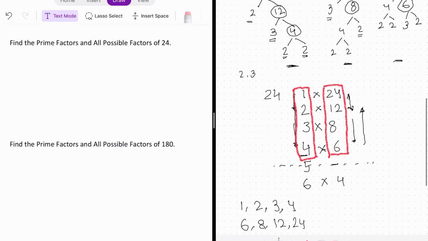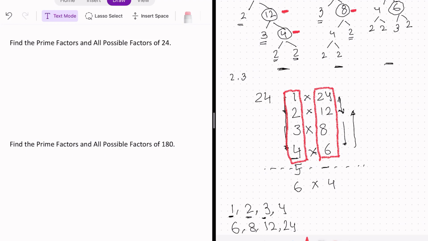Now let's check from the examples that I did. I know if I do the prime factor method, I'll always have 1, 2, and 3. From the first example, I have a 4. I have a 12. From the second example, I have a 8.